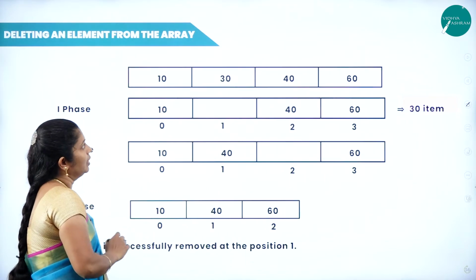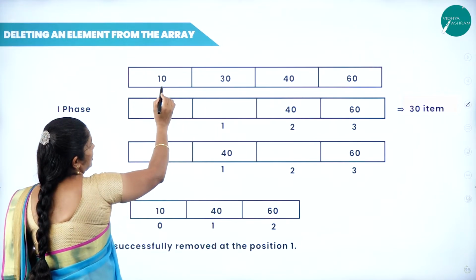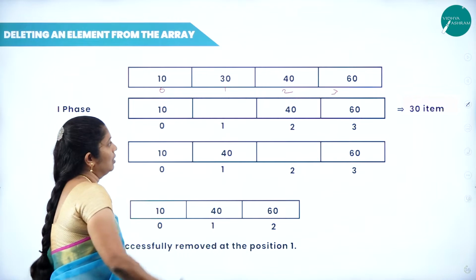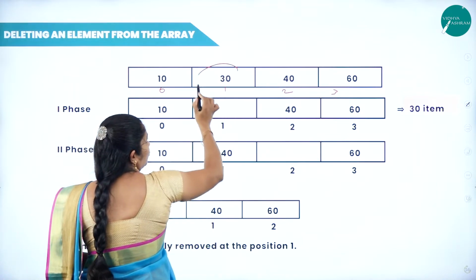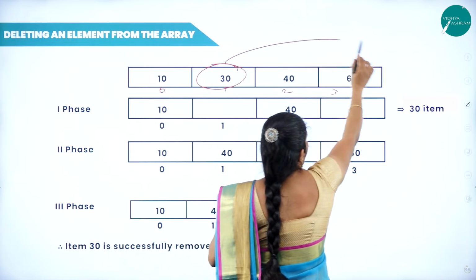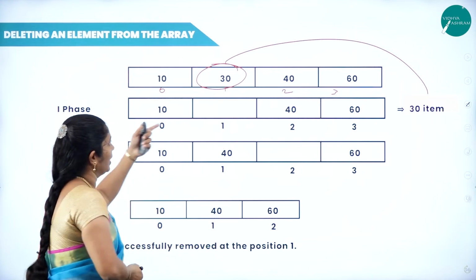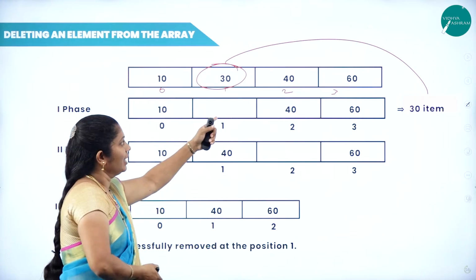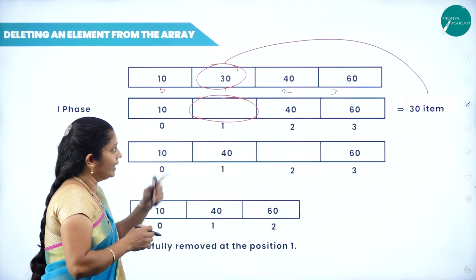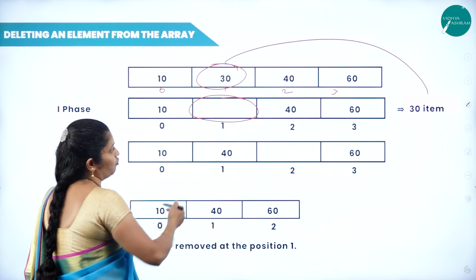For example, if you want to delete, first step, this is the array, 0, 1, 2 and 3. On position 1, whichever item we have, we will move to a temporary place, call it item. Then in the first phase, once it is deleted, that space becomes empty here. Then what is the next thing you can perform?